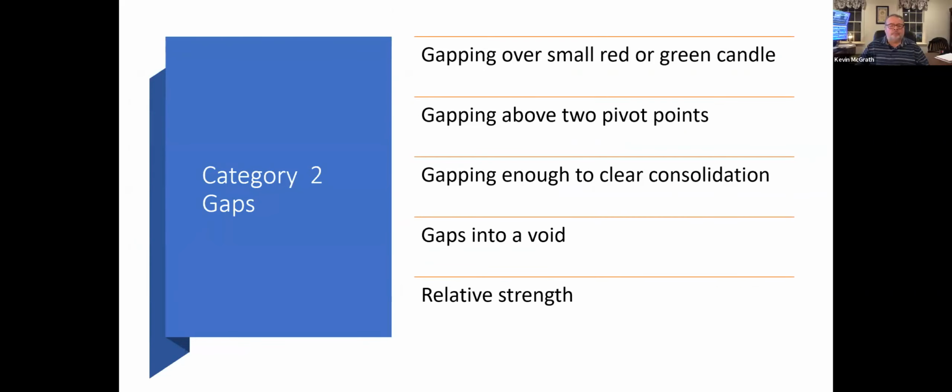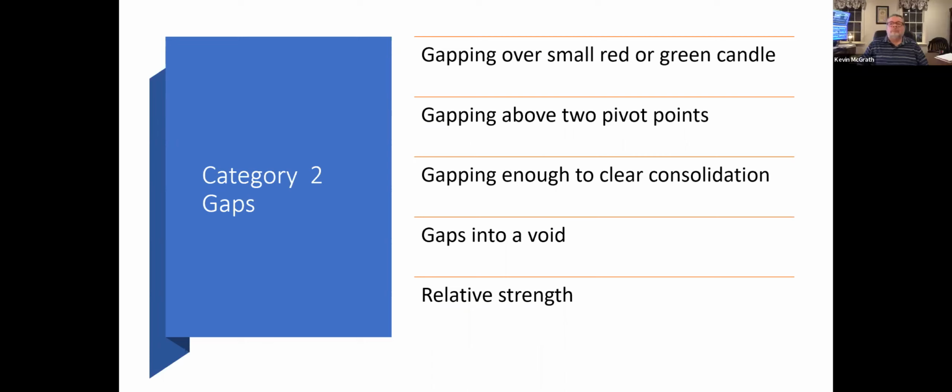Okay. So category 2 gaps are not generally as strong as your category 1, and they will gap over smaller candles. They should have at least 2 pivot points, but they aren't going to be as dramatic as maybe the previous chart.